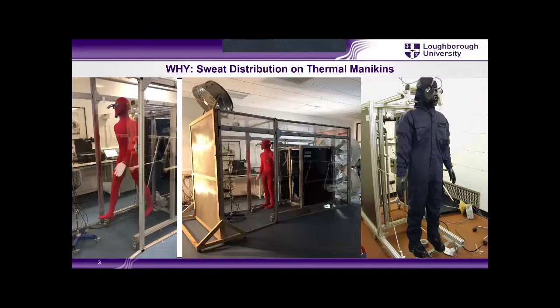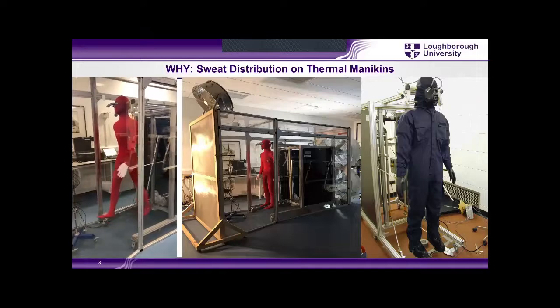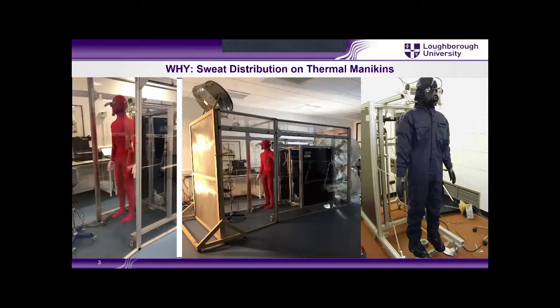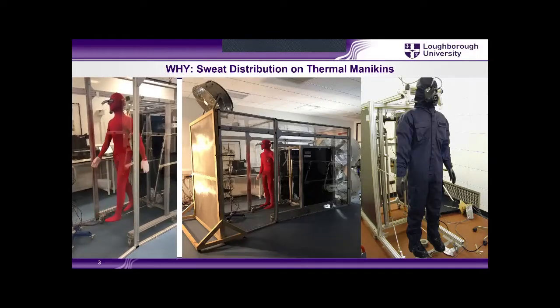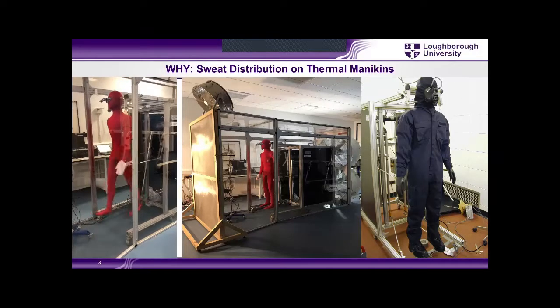So why do we need to measure sweat distribution across the body? Well, there's interest from various sides, and what you see here is a thermal mannequin. These thermal mannequins are in essence heated dummies which simulate the surface temperature of a human. The more modern versions are also able to sweat.